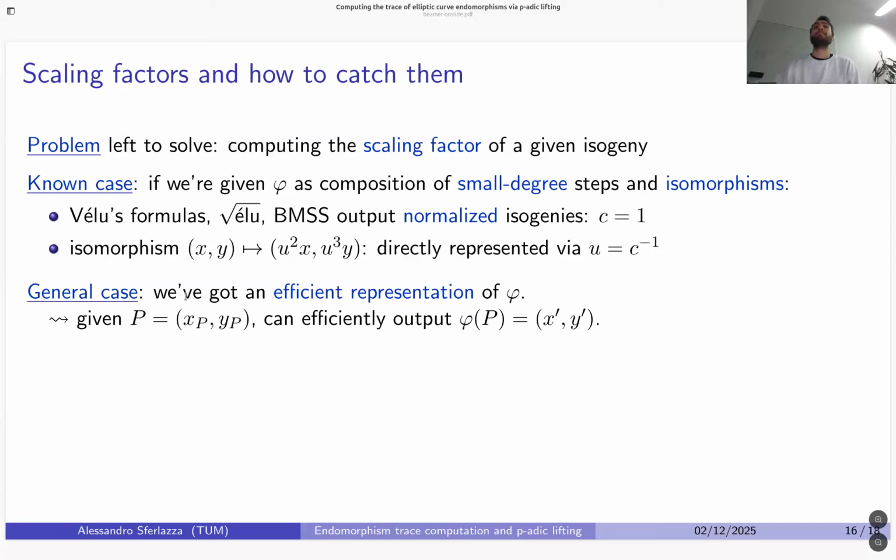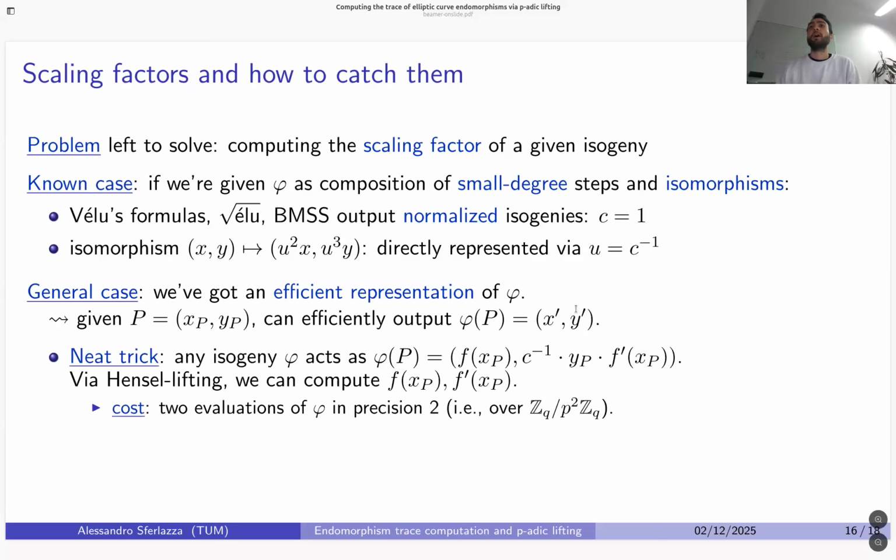The idea here is that given an algorithm to evaluate phi, whenever we've got a point P with its coordinates, the isogeny gives us the coordinates of the output, let's say some x and some y. And actually, these x and y can be written more or less explicitly.